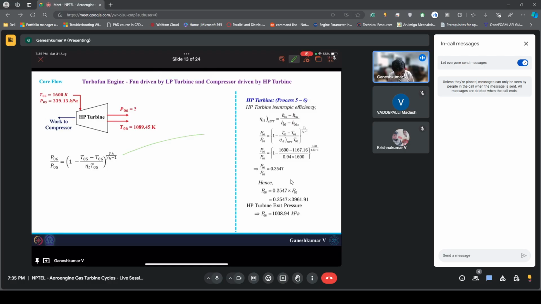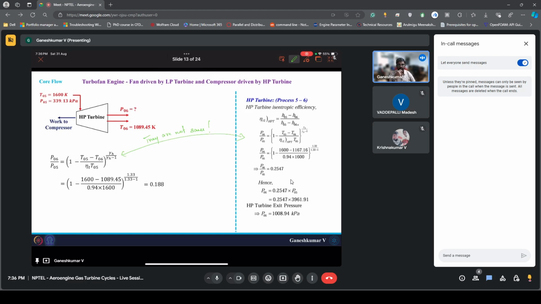Again, as I said, these two are not the same. Although the variables may look the same, they are not the same, so please be careful about it. The turbine efficiency is 94%, we know T06 is 1089.45 Kelvin, and the hot gases have a specific heat ratio of 1.33. Till now we used 1.4, now it is 1.33.